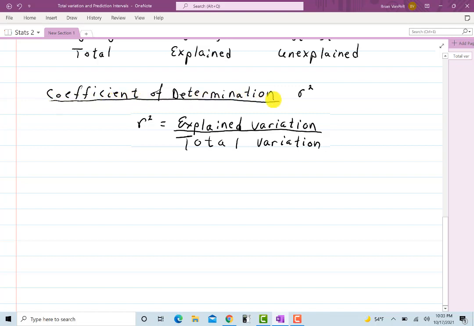Note that this is the same r that we figured out as the coefficient of correlation.